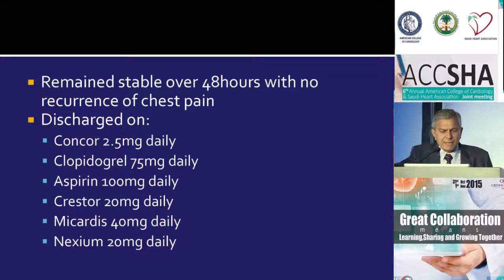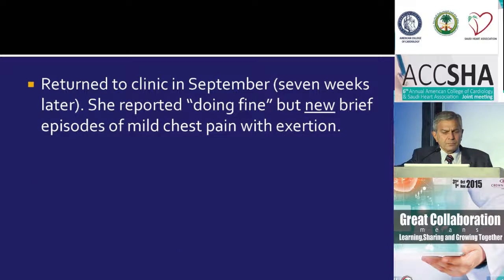So she remained stable over 48 hours with no recurrence of chest pain. She was discharged on a beta blocker, on clopidogrel, which was started in the emergency department as I indicated, on aspirin, rosuvastatin, Micardis, and Nexium. She went home and she returned.